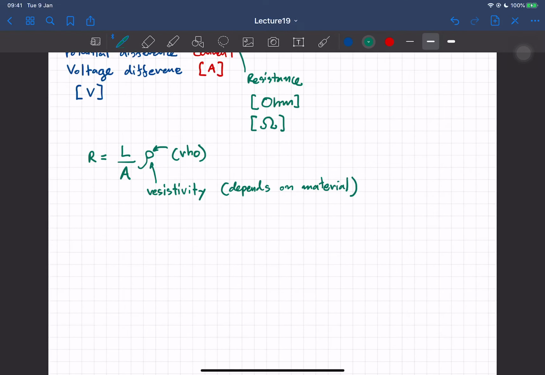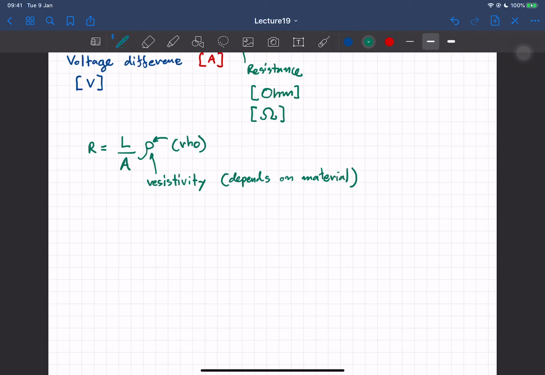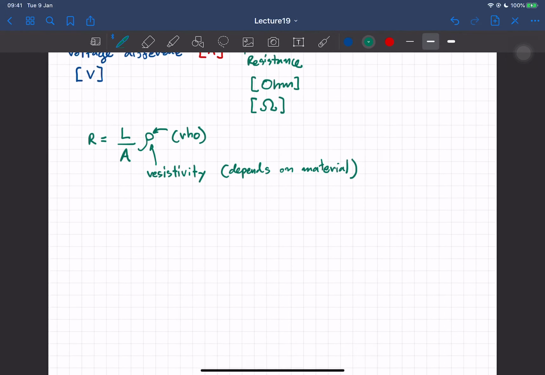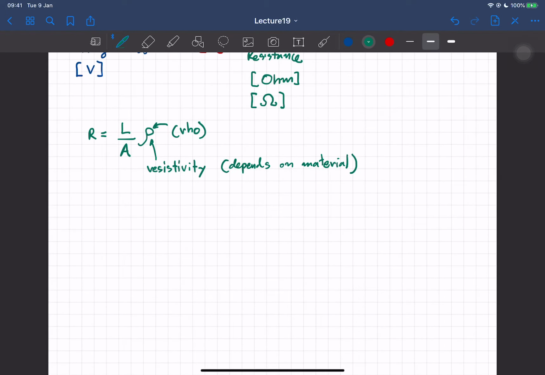So I will list a few. There's actually a table, but the table is too much, so I'll just list a few things. So the best kind of material that we can use as a conductor. A better conductor is the one with less resistivity, right?